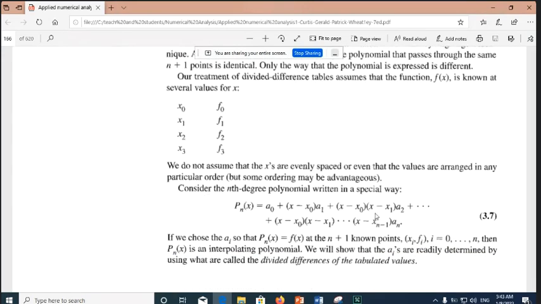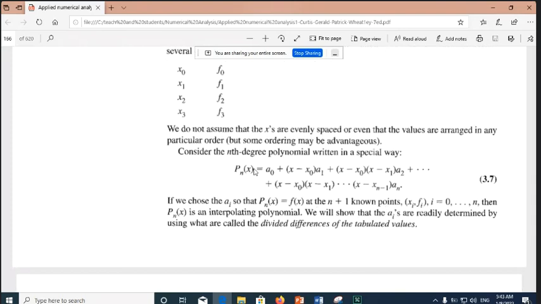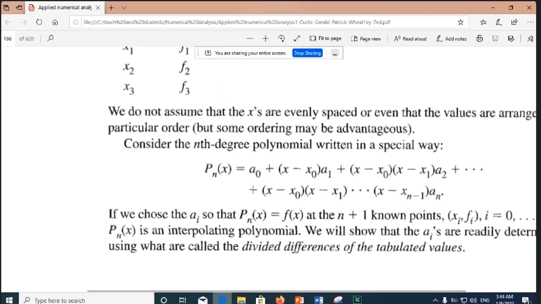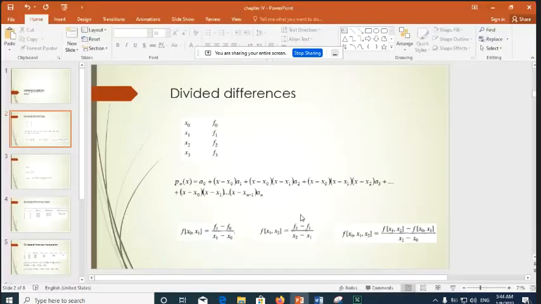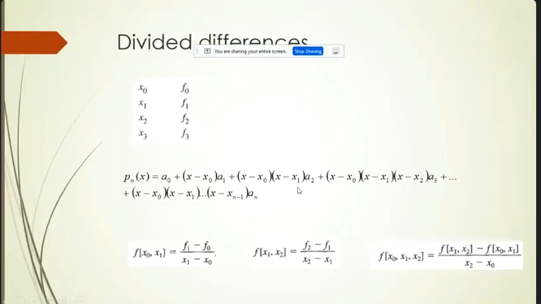As you can see, we assume that our polynomial function is as this equation, for example, or in this case, as this function Pn(x), a polynomial of degree n: a0 plus (x minus x0) multiplied by a1, plus and so on.